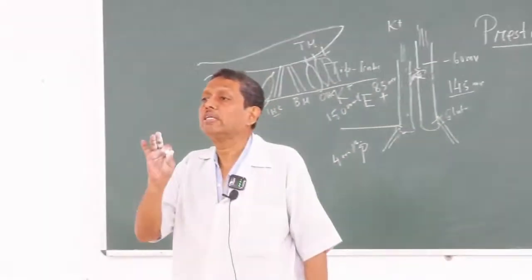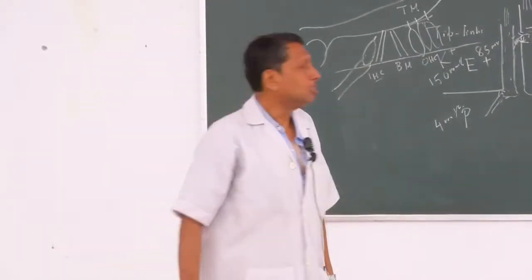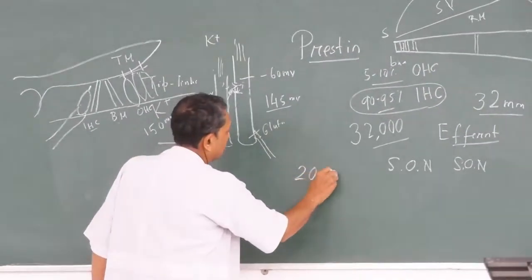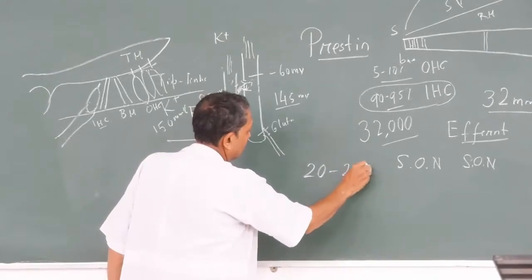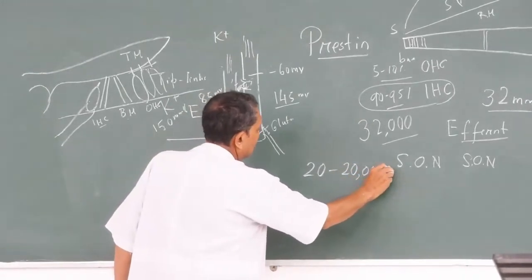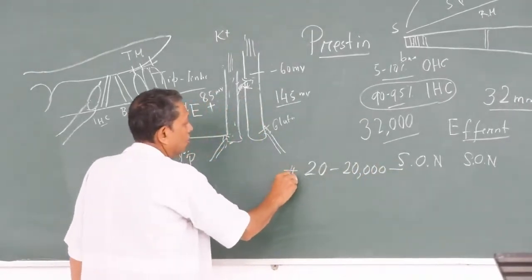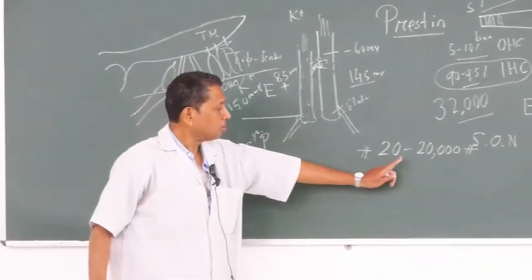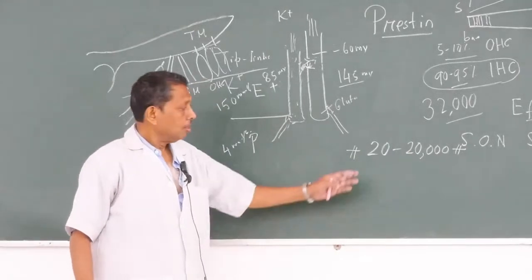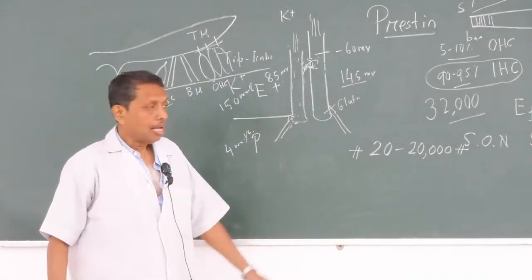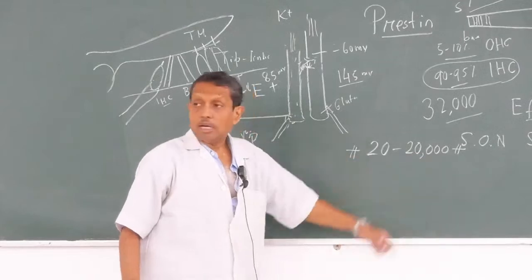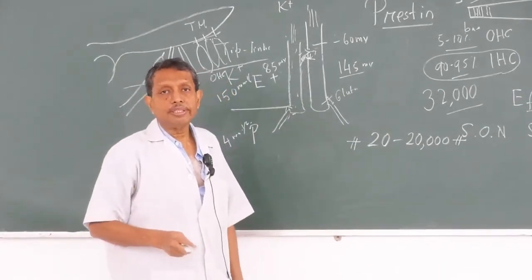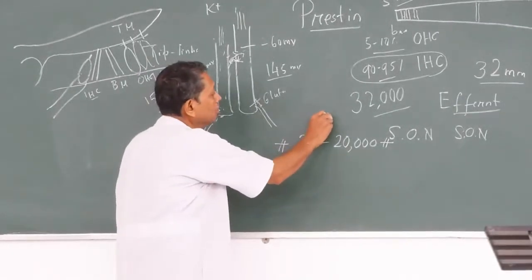The frequencies we can perceive are 20 to 20,000. We cannot have perception beyond this, that is less than 20 and more than 20,000. The tuning fork we are using in the laboratory, suppose it is 256 or so.